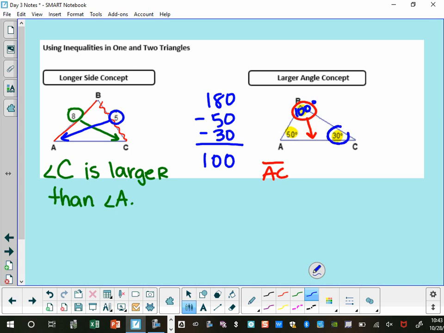If I circle 30, what side does that associate with? AB. So for this one, you could write that side AC is longer than side AB, or you could write BC. You can choose either the 30-degree angle or the 50-degree angle. It really doesn't matter. Either way works.